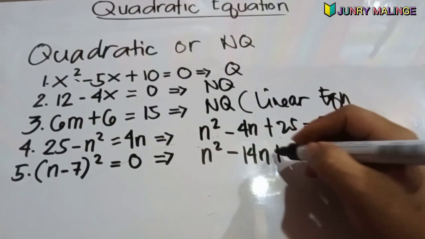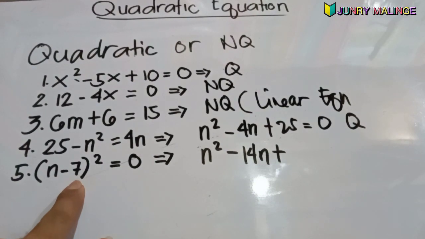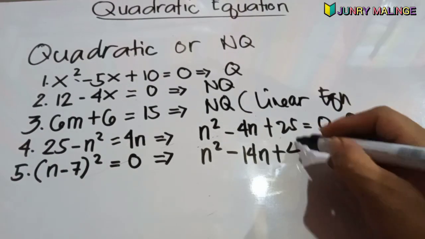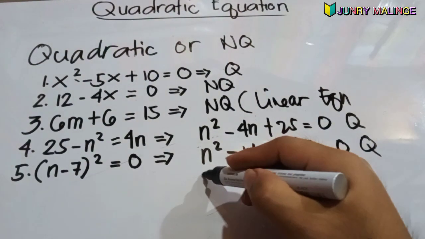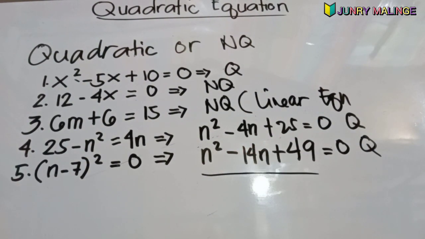Ayan, tapos plus 7 times 7, that is 49. Alright, equal 0. So that is quadratic. Nakuha. So if nagtaka kayo kung bakit anong nangyari dito sa standard form, ayan, i-recall nyo lang ang ating square of binomial.